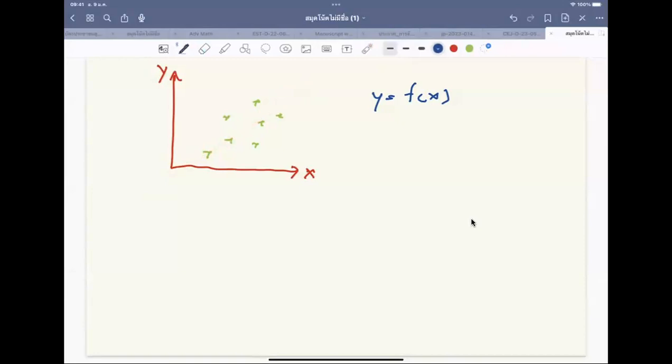So we agree that we are going to write this relationship as a linear function. We have mx plus c. If we want to represent this relationship as a linear function, we need two parameters, two variables.